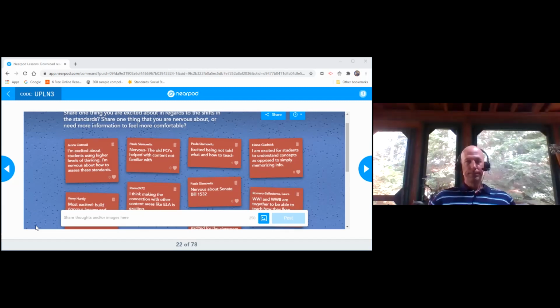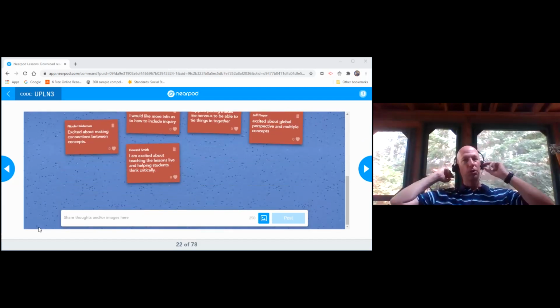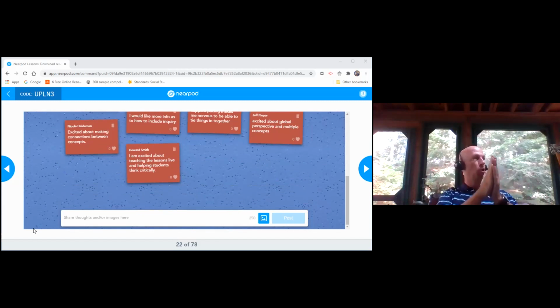And that focus on the skills, the idea of anchor standards and priority standards, is something that will go beyond your grade content area. When you're focused on just remembering content, that doesn't go into any other area.